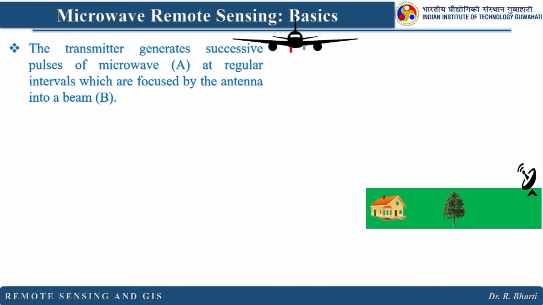Let us understand what exactly is happening here. The transmitter generates successive pulses of microwave energy.